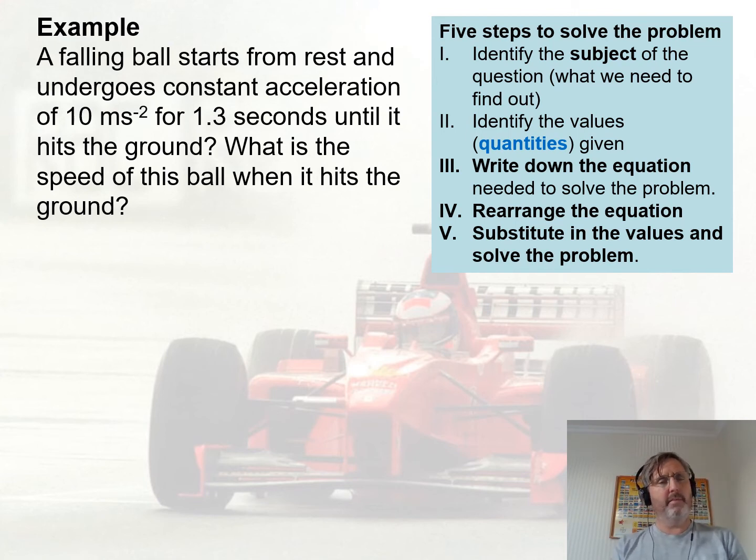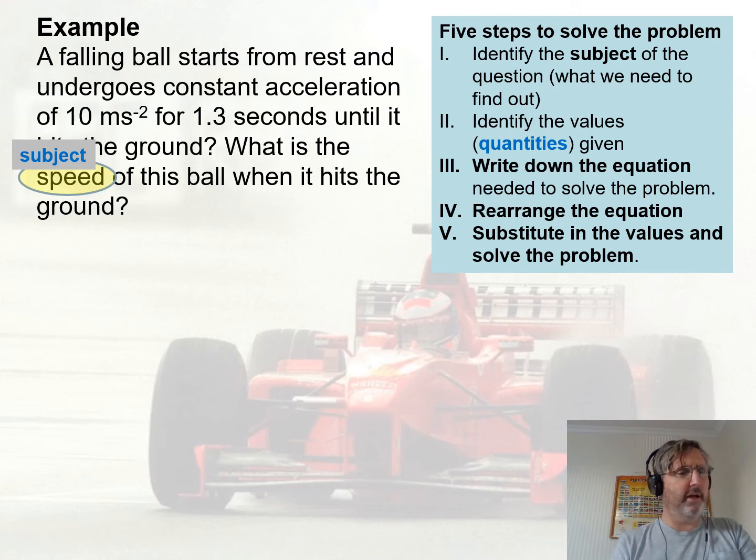Okay, so this is a wee bit more complex. We know that it started from 0 when we let the ball go, and when it hits the ground, it's something. Whatever the change from 0 to whatever it is at the end, that's its change in velocity. So we want to find the speed of the ball.